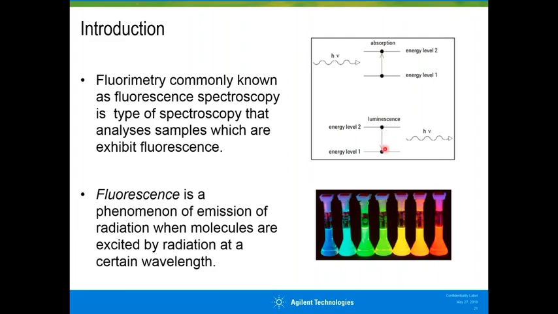And while coming back to the ground state, they emit radiation at a specific wavelength. That radiation we can see in the form of light, right? And that is what is measured. This phenomenon is called fluorescence. So basically, emission of radiation when molecules are excited by radiation at a certain wavelength is called fluorescence.